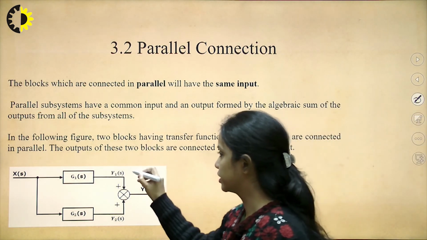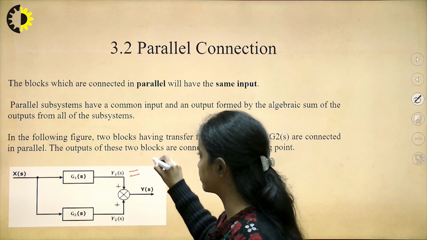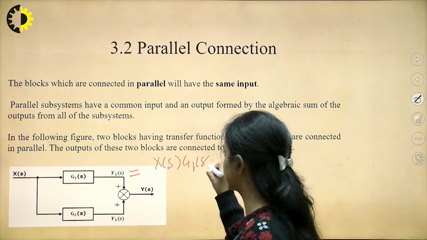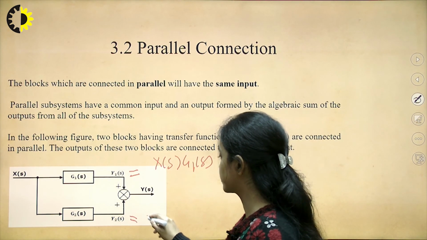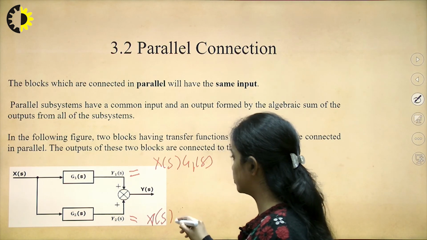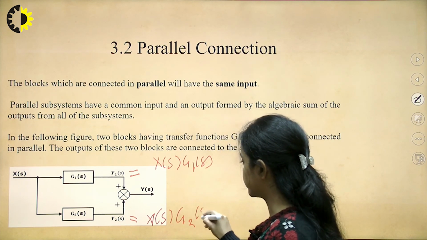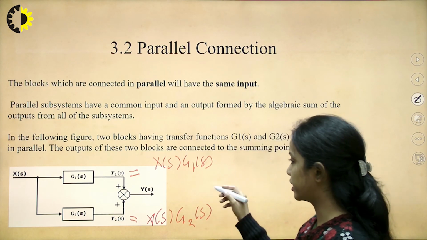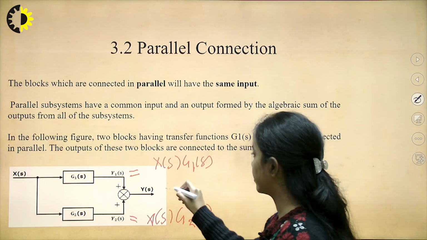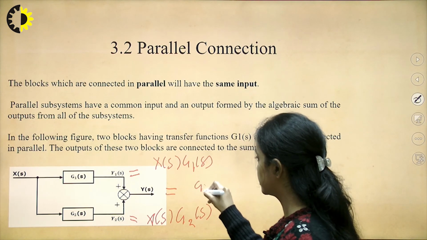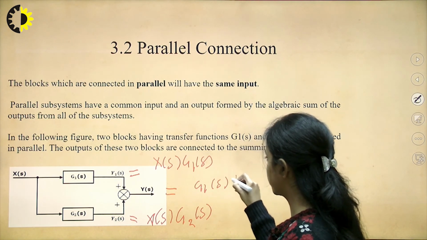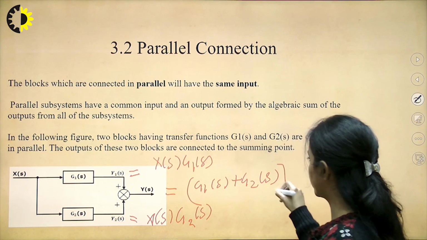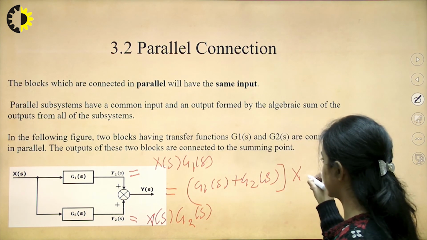Y1(s) will be X(s) into G1(s), and Y2(s) will be X(s) into G2(s). Adding the two, we can take X(s) common, so it becomes G1(s) plus G2(s) multiplied by X(s).